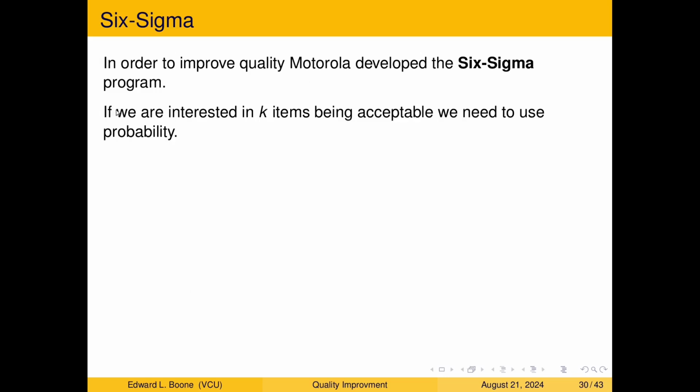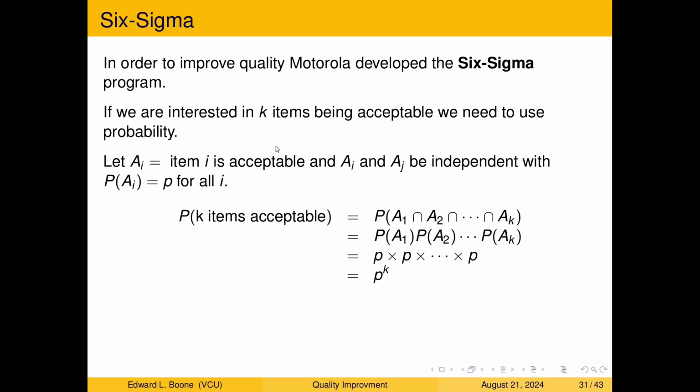So what if we're interested in K items being acceptable? Then we need to use probability. And we're going to assume that they are independent. So let's say A_i is the event that item i is acceptable and that A_i and A_j are independent with a probability that's common for all i.